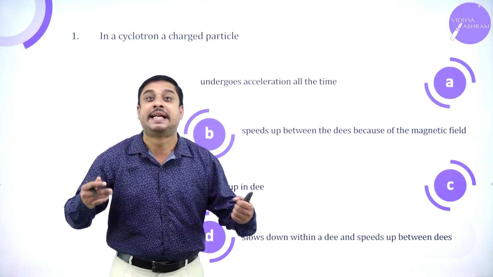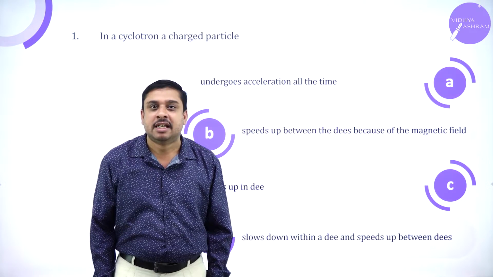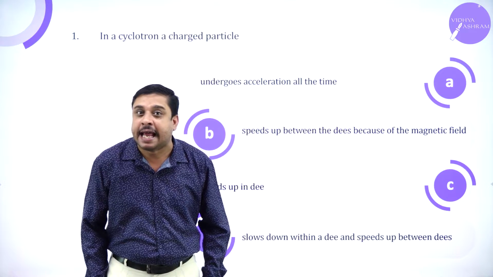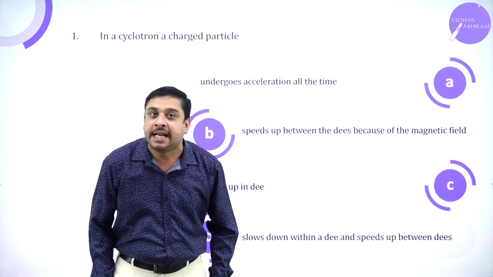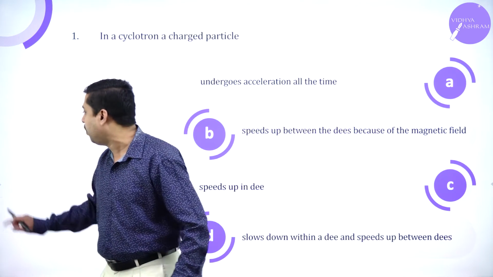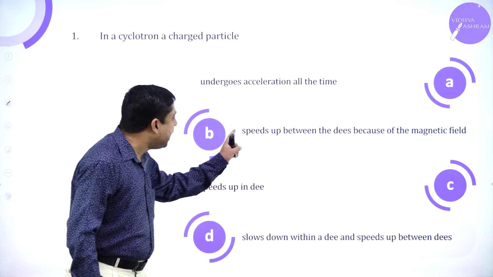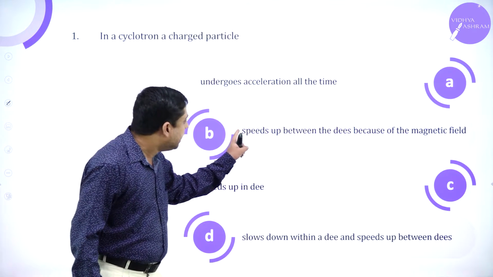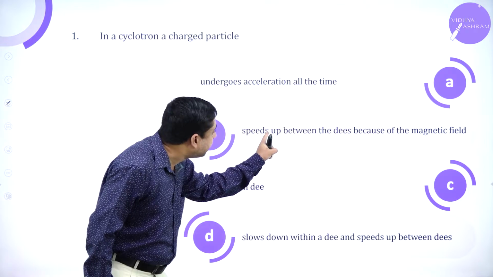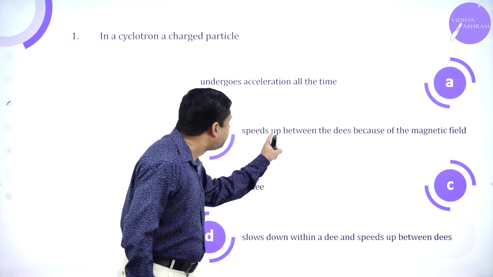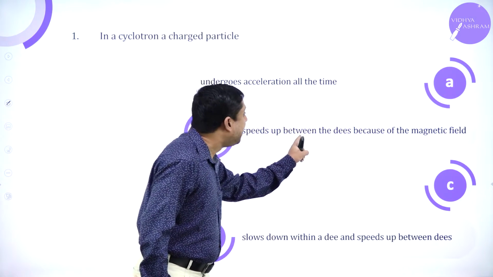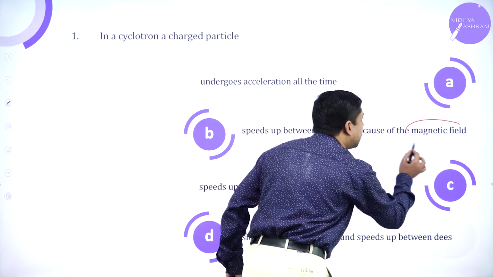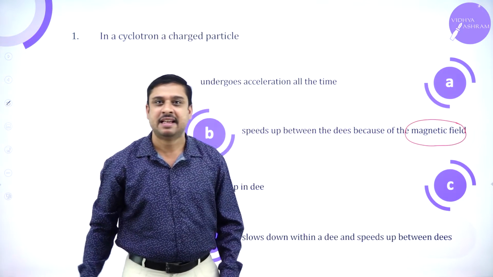It has two D's and it is under the influence of an electric field and magnetic field. Now, if you read the second option, it says the charged particle speeds up between the D's because of the magnetic field.